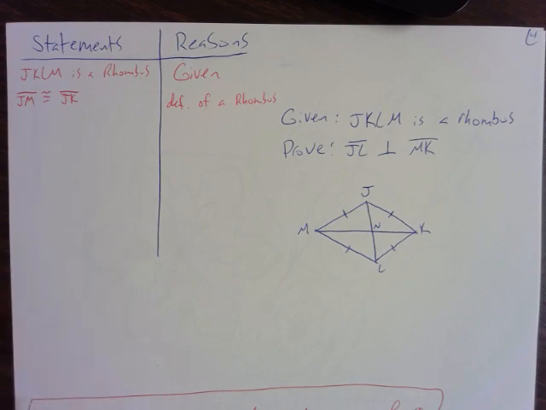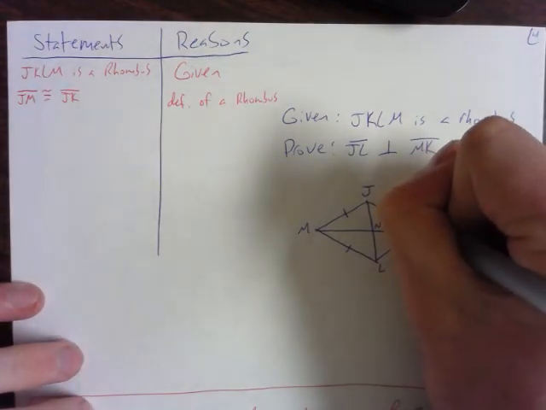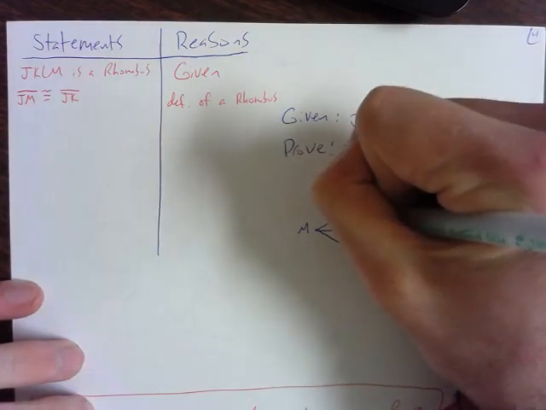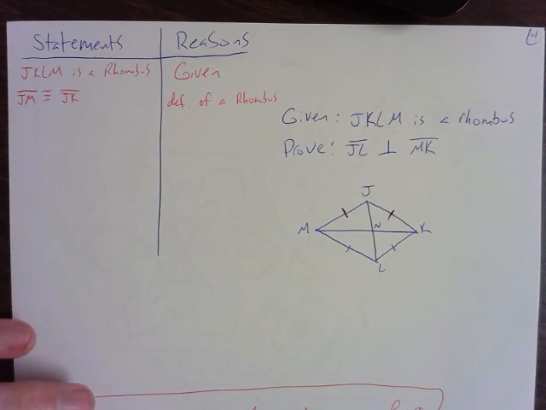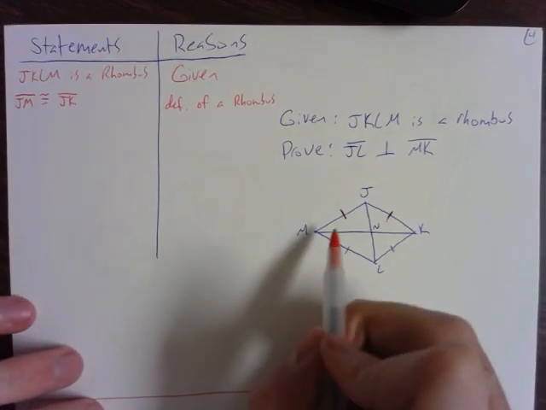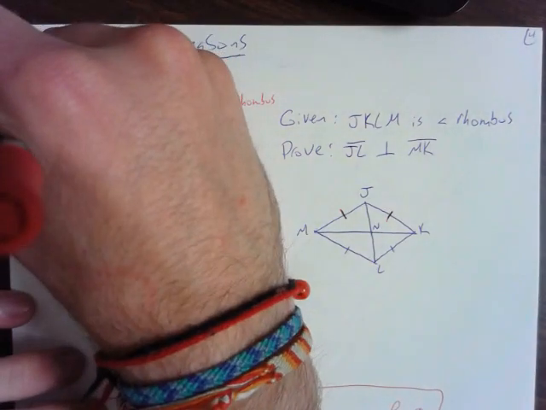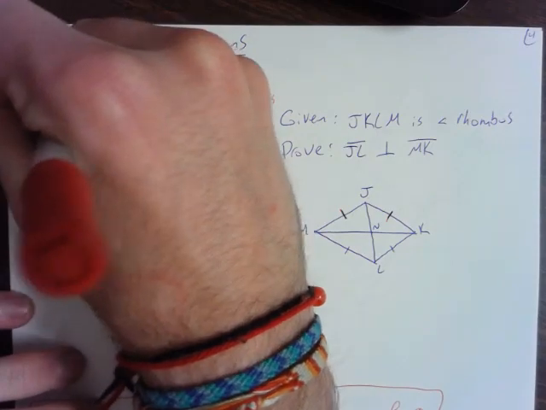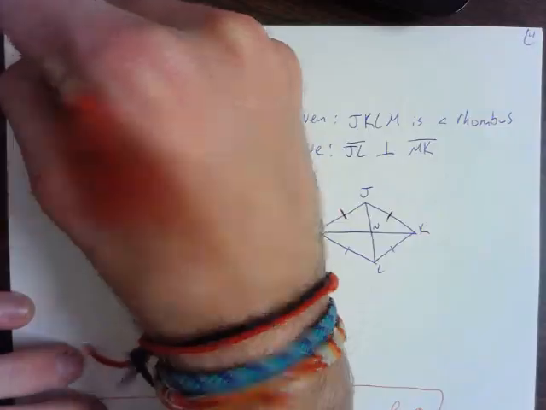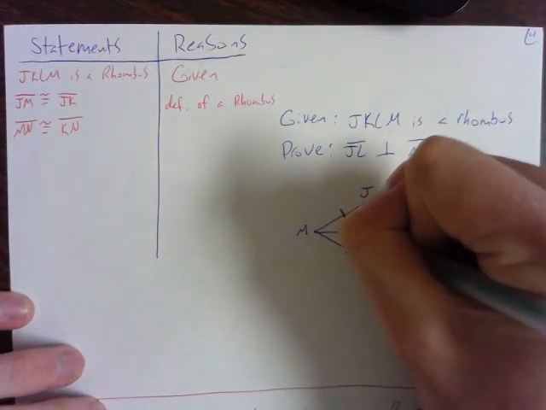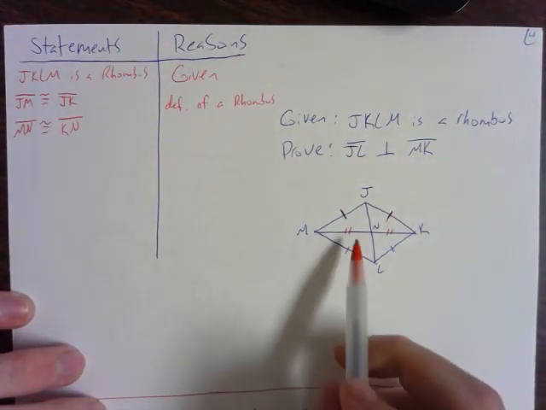Okay. Now, I can also say, and I already have it labeled, but I'll put it in red, that line segment MN is congruent to line segment KN. So I can say that these two are congruent.